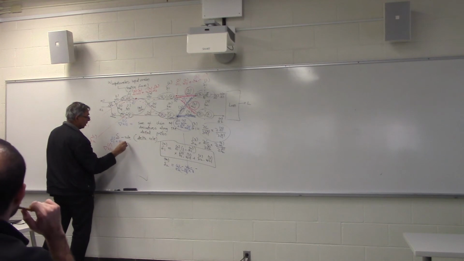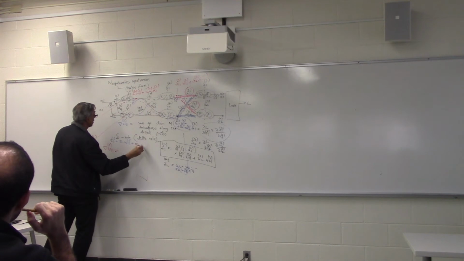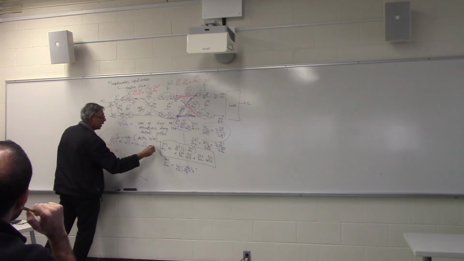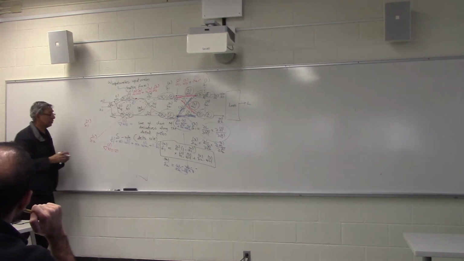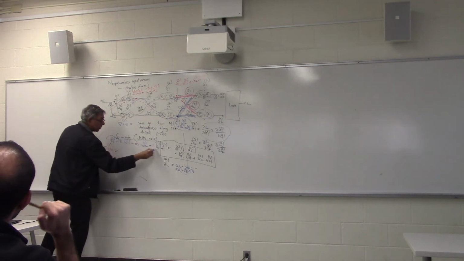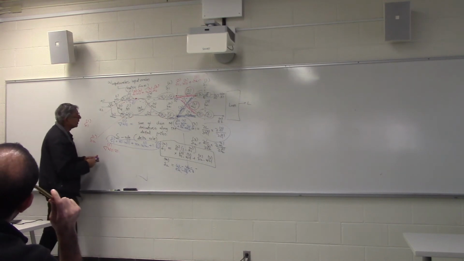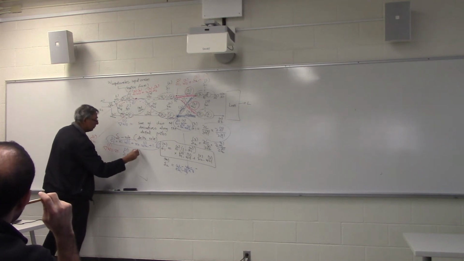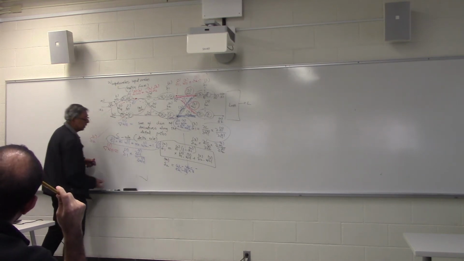X1 times W11 of 1 plus X2 times W12 of 1, correct? Plus 1 times V1 of 1. So I didn't draw the bias, but correct? So the gradient for W11 of 1 will be basically delta 1 of 1 multiplied by partial S1 of 1 divided by partial W11 of 1.